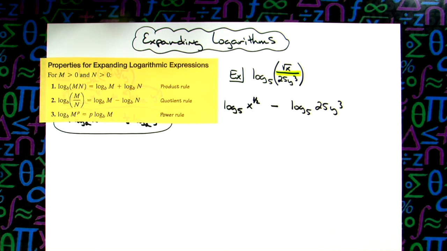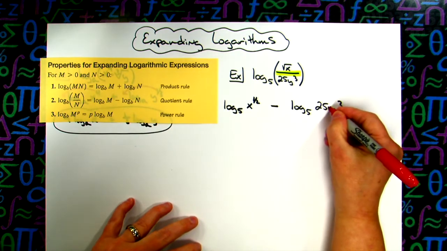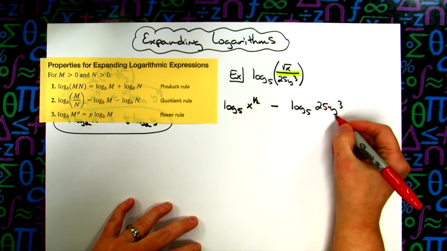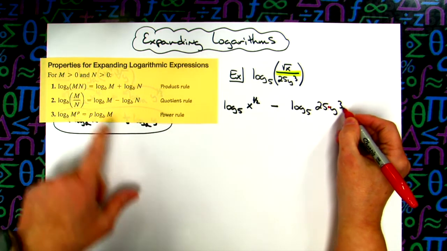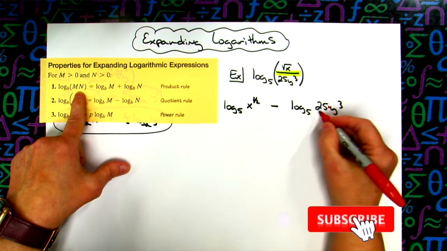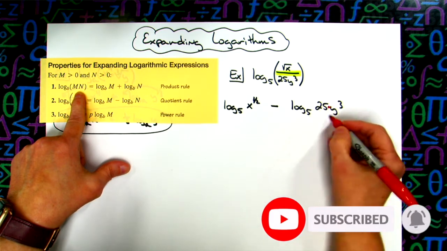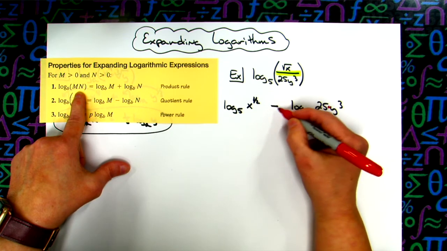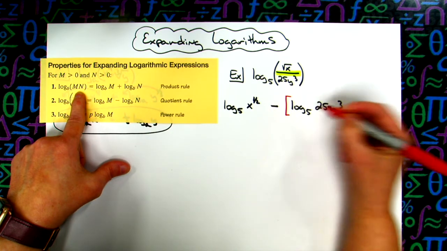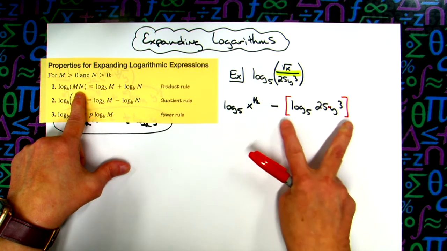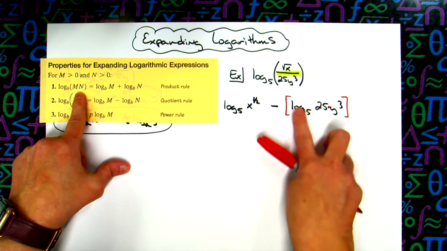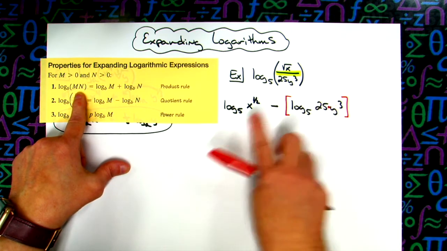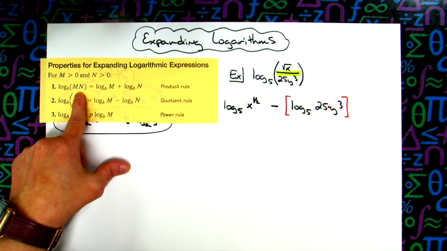Okay, now this one is going to involve more than just one expansion here. Right here I have a 25 times y to the 3rd. So I have a product in a log right here, which means I can expand this portion even farther. Now, because it is following a subtract sign, I need to make sure I put some brackets around this, because if I make this into more than one term, that negative sign is going to have to be distributed.